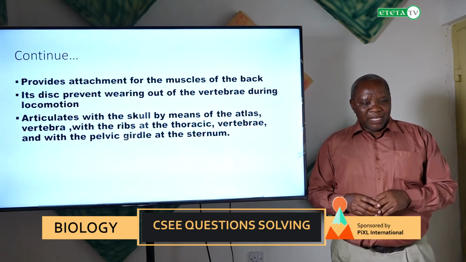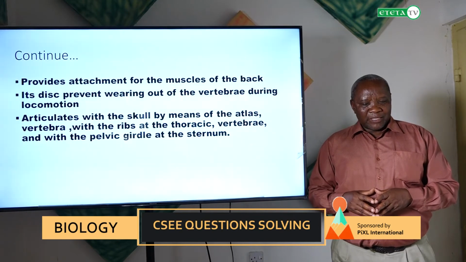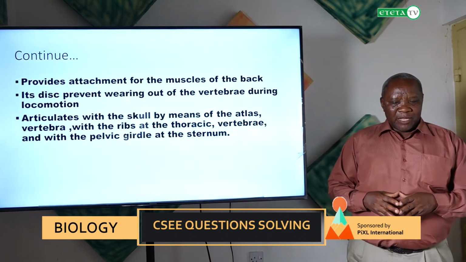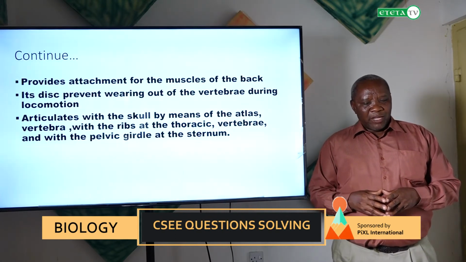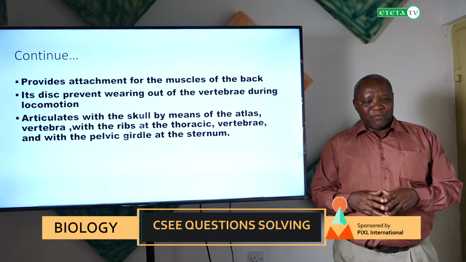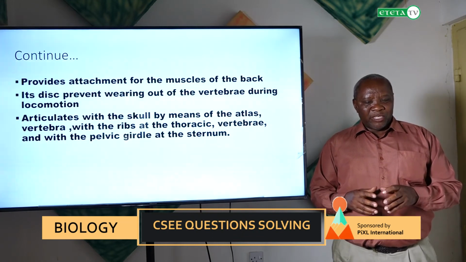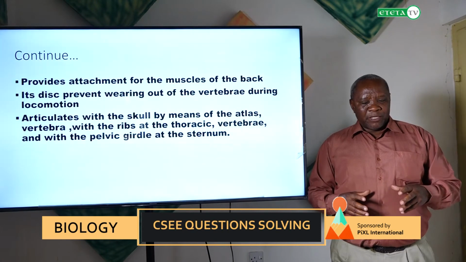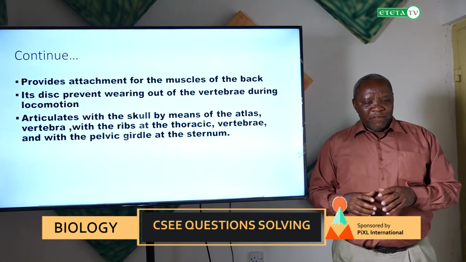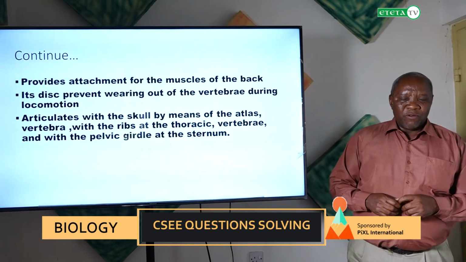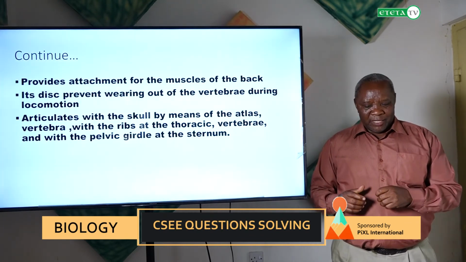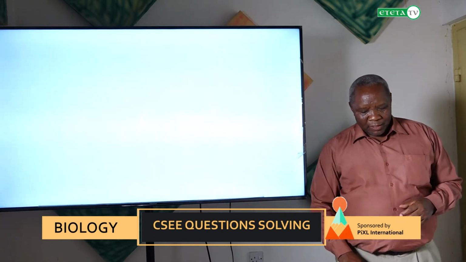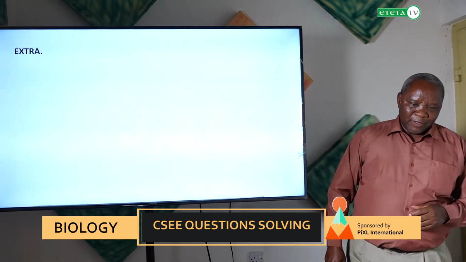Another function is that it articulates with the skull by means of the atlas vertebra, with the ribs at the thoracic vertebrae, and with the pelvic girdle, which connects to the sternum, another major part of the axial skeleton.